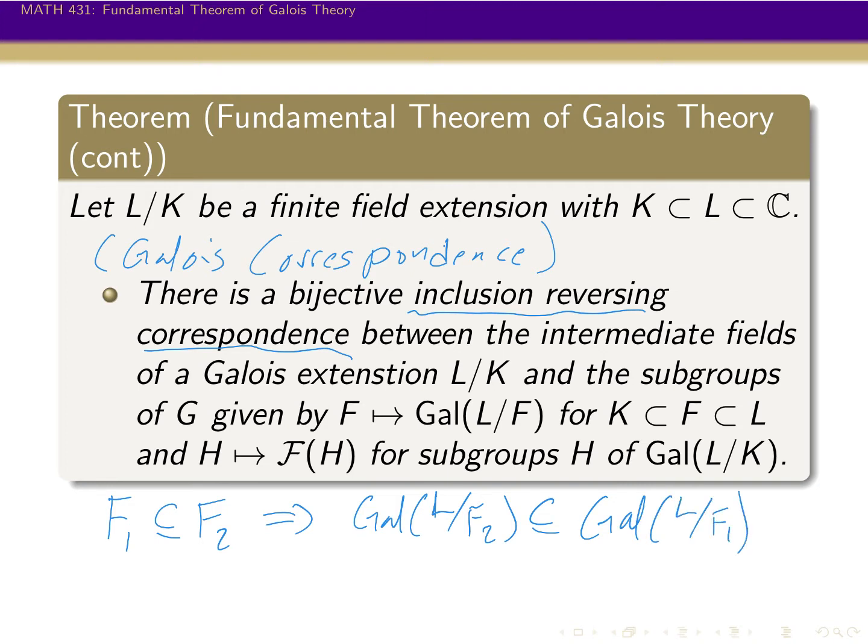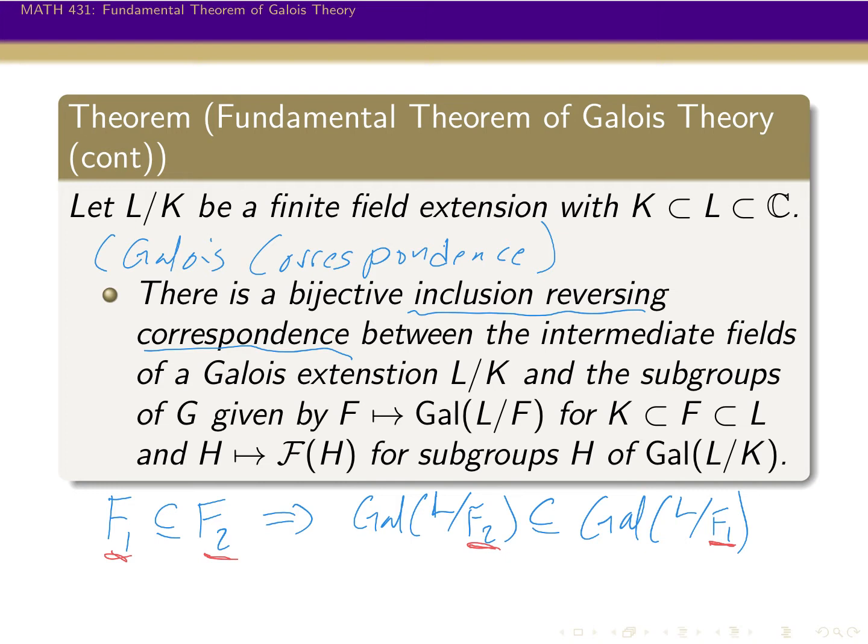And so the inclusion reversing is that we have swapped: F1 is inside F2, but the Galois group for F2 is inside the Galois group for F1. And this is something that we proved early on with fixed fields.